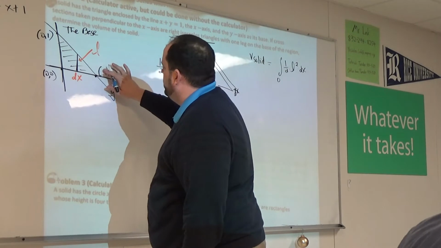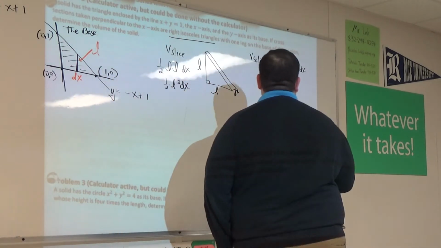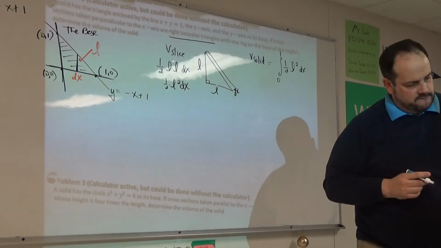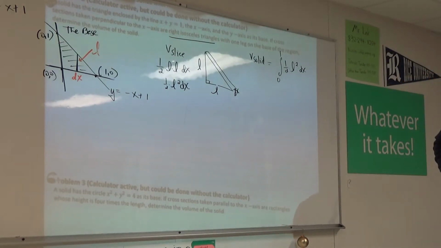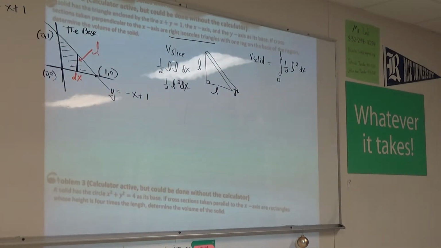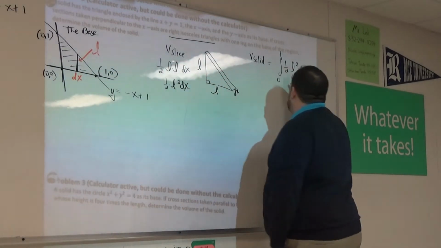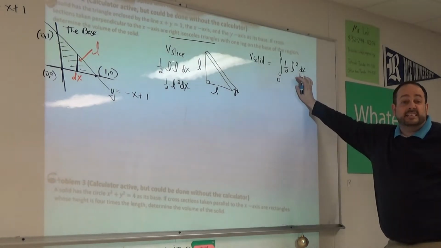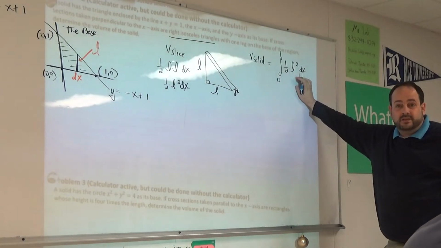Slow the roll. So we've got the integral from 0 to 1, 1/2 L squared, and the last thing I need to really make some progress with this.